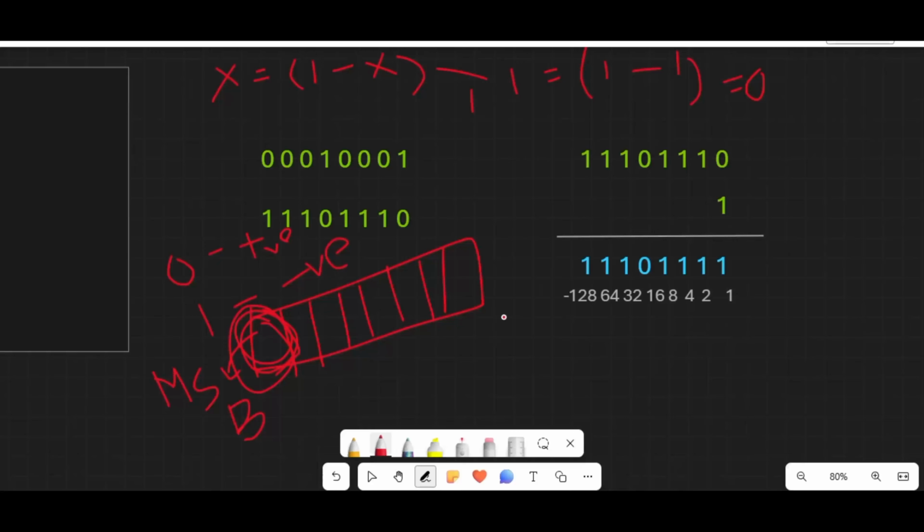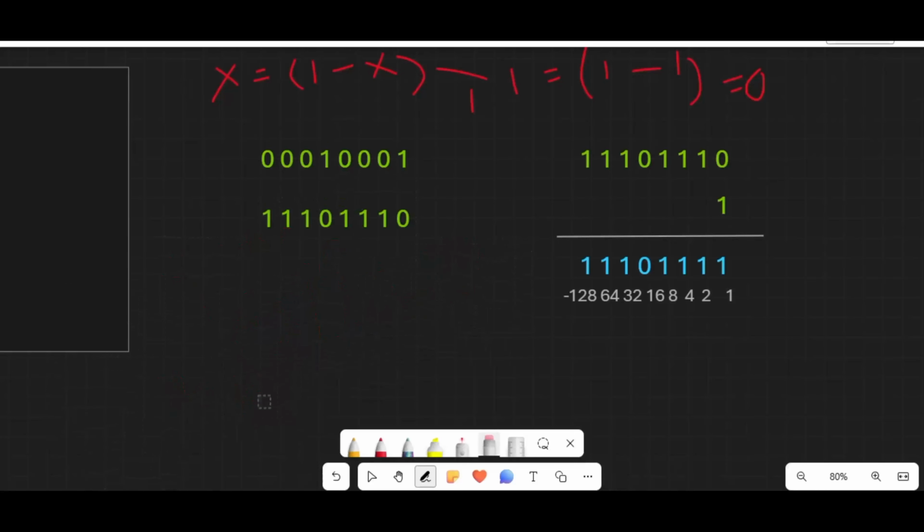Now let's see what exactly happens over here. First we took 1, and we'll convert this number directly to decimal.